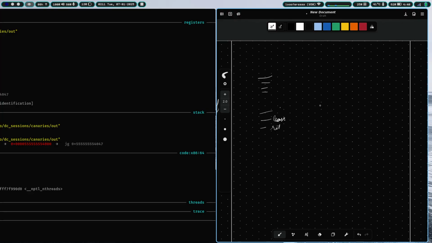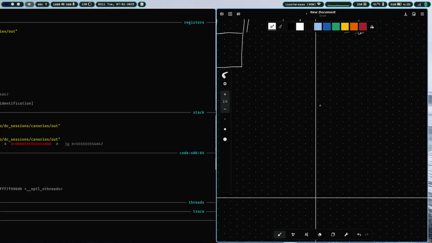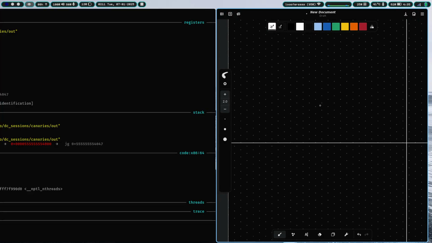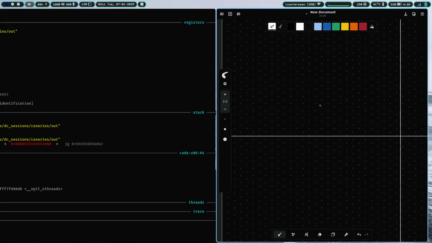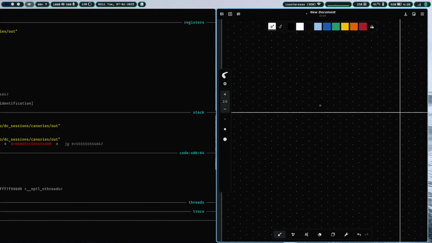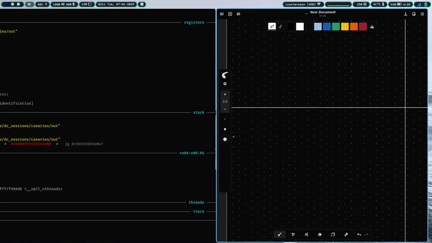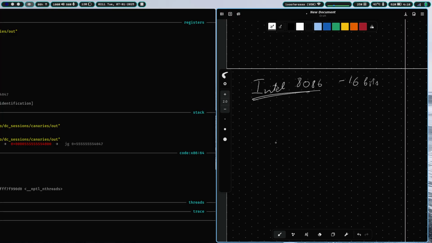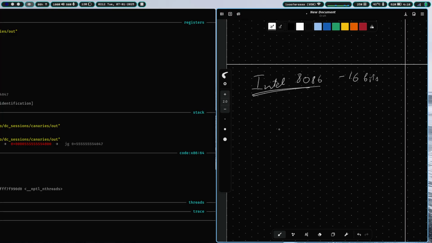So now a little bit of history deep dive into what this thing is. We go back to Intel 8086, which was a 16-bit processor. Now the fun part about this was, how do we deal with addresses?